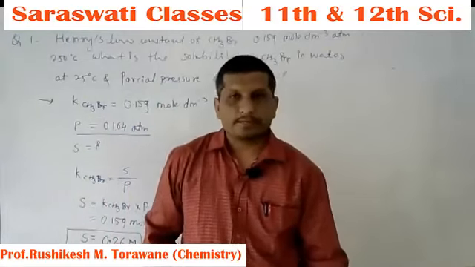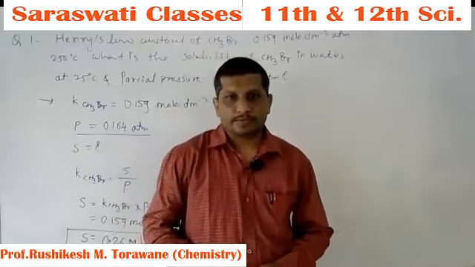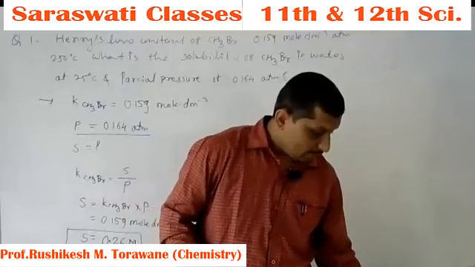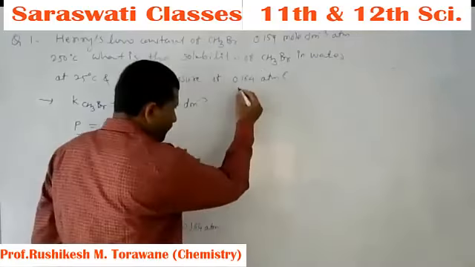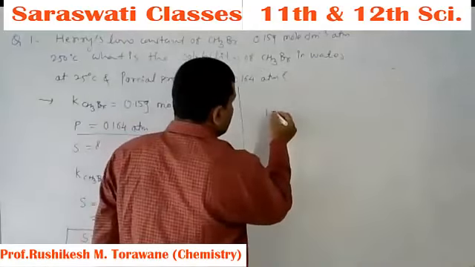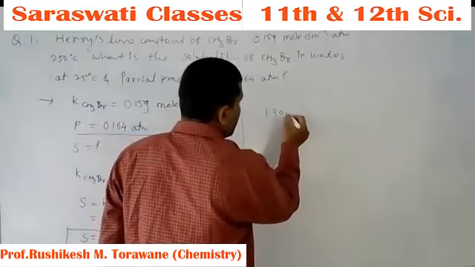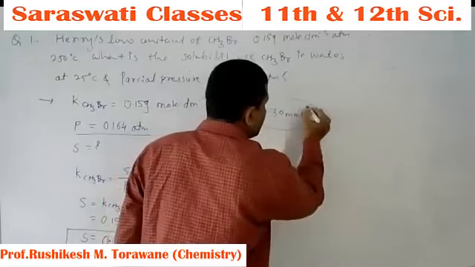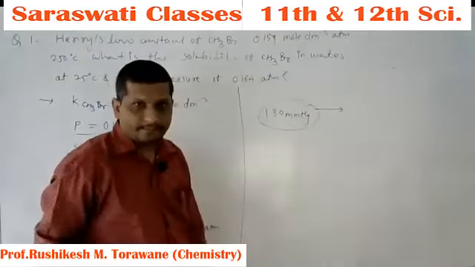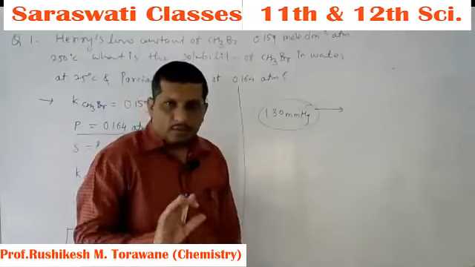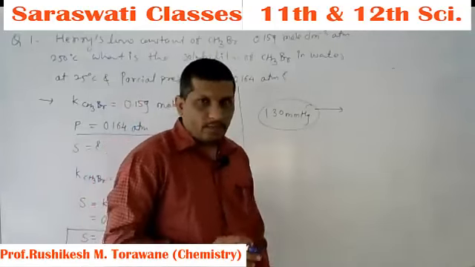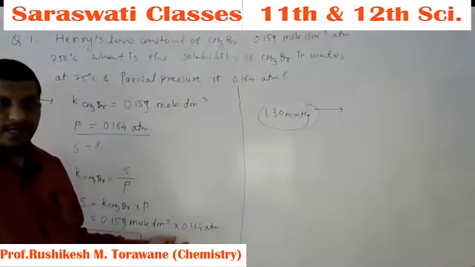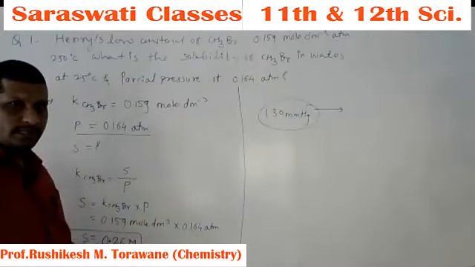This example is solved in your book and you can see it there. I'm saying that only one point is discussed here. This problem has 130 mm Hg. It's required to convert to bar. I am not explaining the whole problem here. Only this point is essential, because in this way you can directly write down and solve this example.